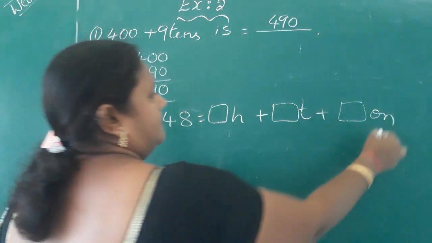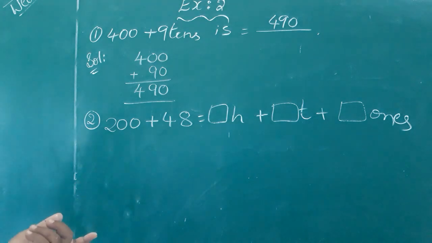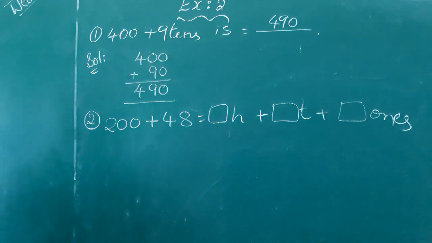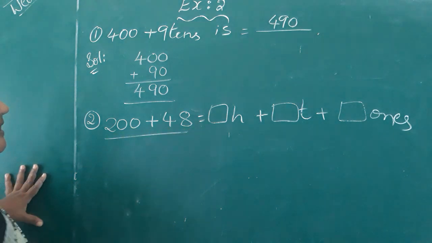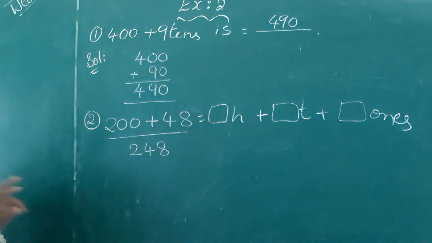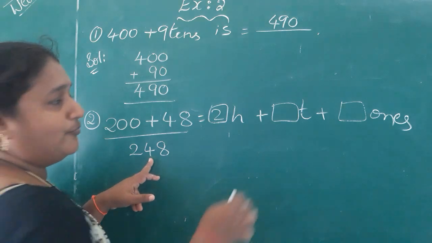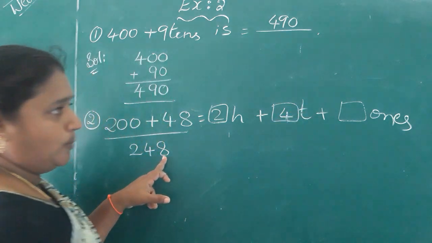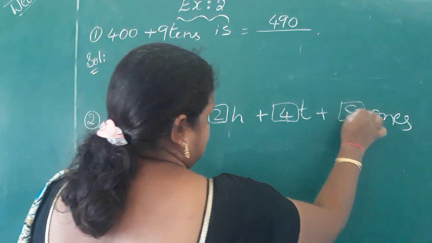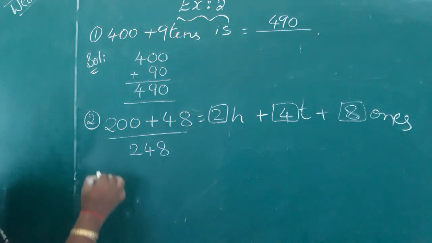What is that? 200 plus 48 equals how many hundreds, how many tens and how many ones. 200 plus 48 is nothing but 248. How many hundreds are there? 2 hundreds are there. How many tens are there? 4 tens are there. How many ones are there? 8 ones are there. Okay, ma? Next.